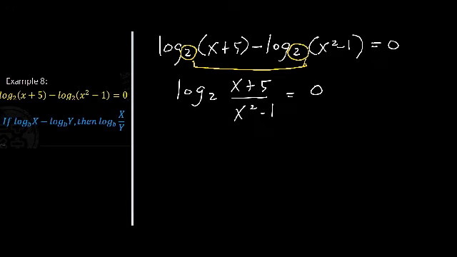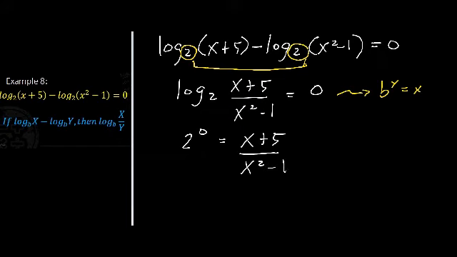So again, applying the exponential form of our logarithm, which is p to the y power is equal to x. So we'll have now 2 to the 0 power is equal to x plus 5 over x squared minus 1.